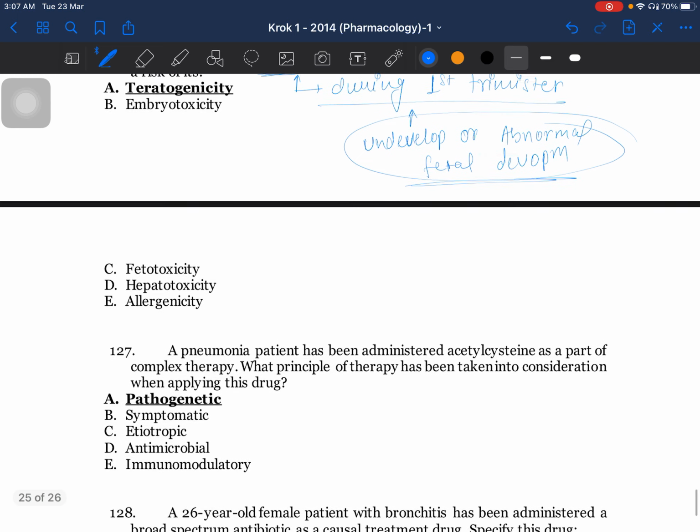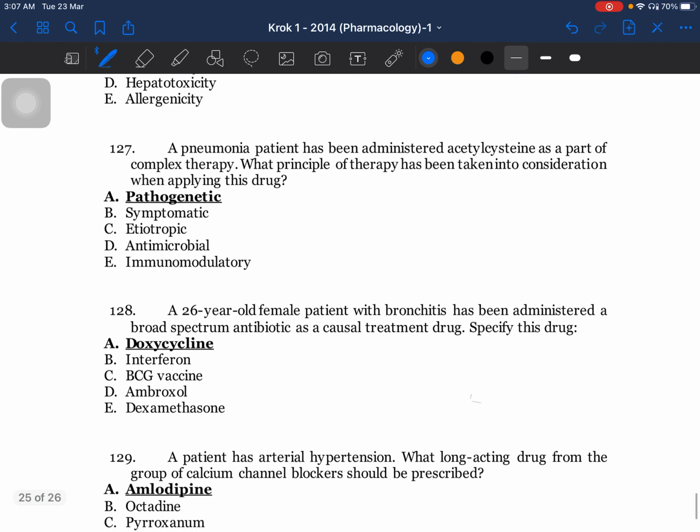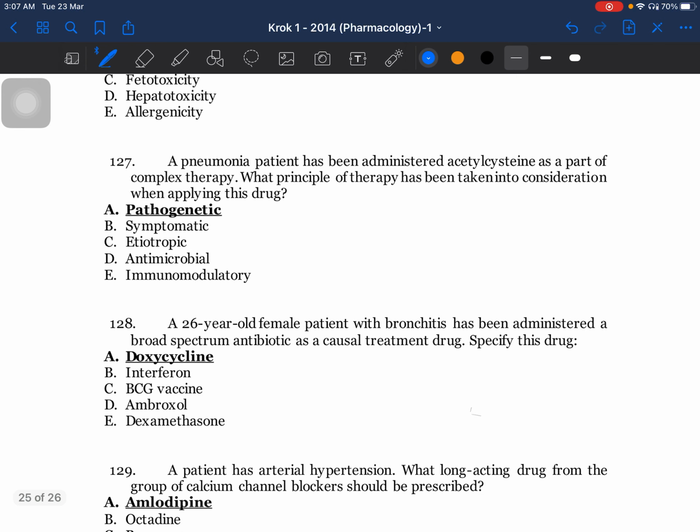Okay, now let's move to the next question. The next question is, a pneumonia patient has been administered acetylcysteine as a part of complex therapy. What principle of therapy has been taken into consideration? So, we are giving the patient acetylcysteine as a complex therapy, and under which disease?